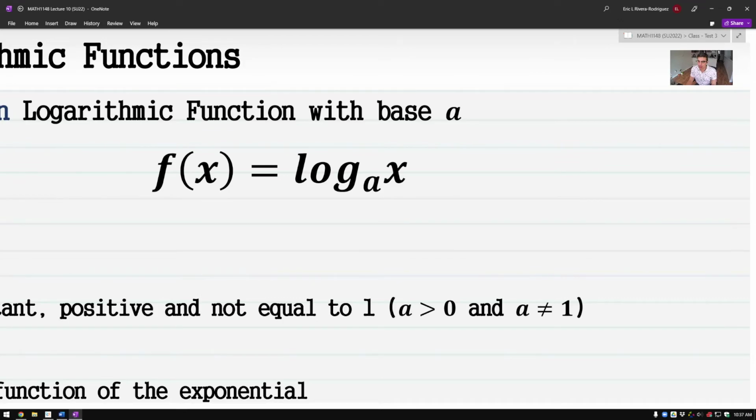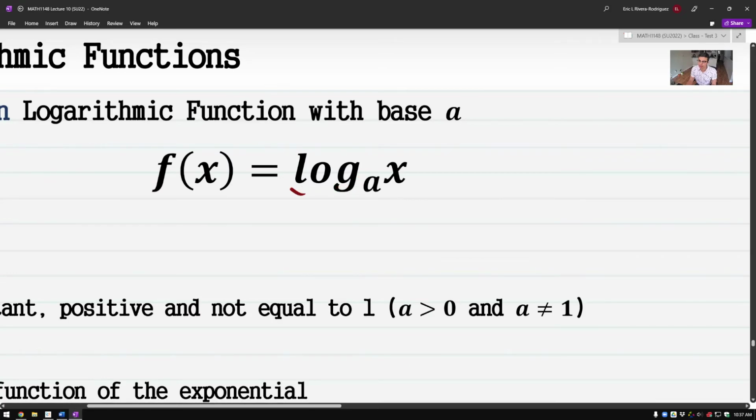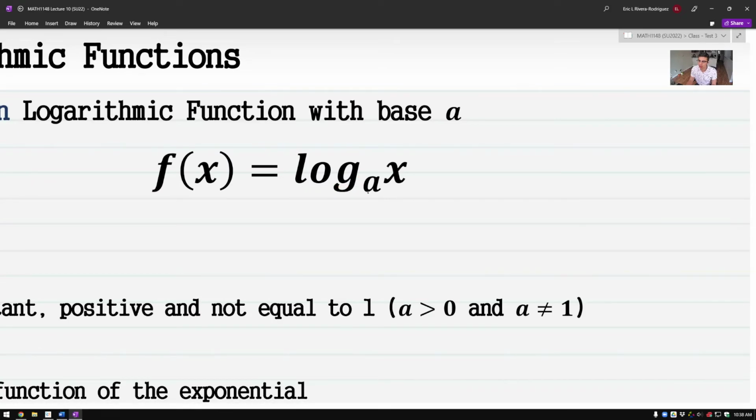So we are going to use the letters log to represent the logarithmic function. Always you are going to put a subscript here, which is the base of the logarithmic function, and the input, or what is going to be evaluated by the logarithmic function, is going to be the argument.